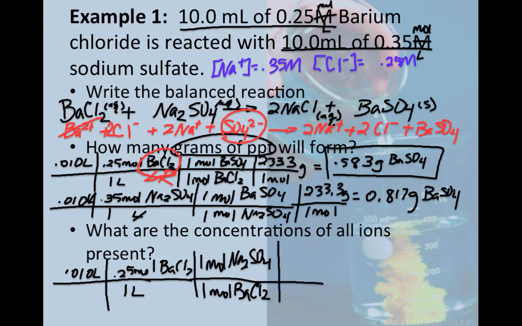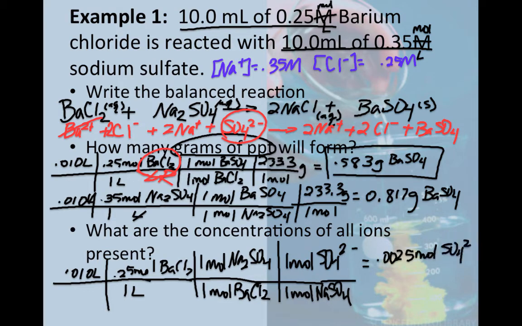And in every mole of sodium sulfate, there's only 1 mole of sulfate ions. So let's see how much sulfate ions got used up in this reaction. So I have 0.0025 moles of sulfate ions were used up.